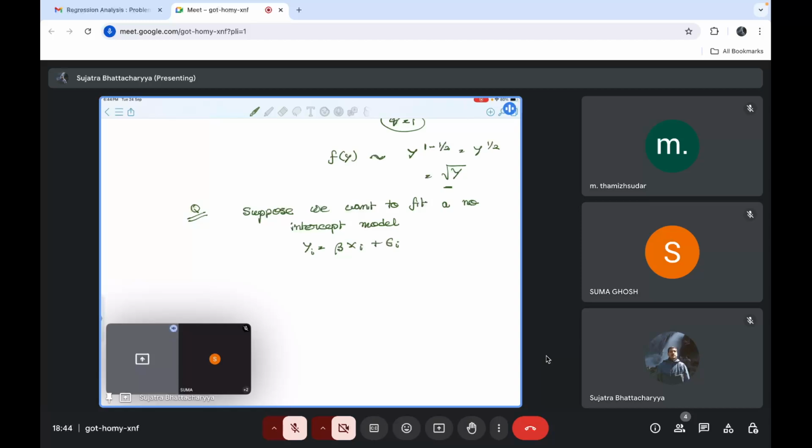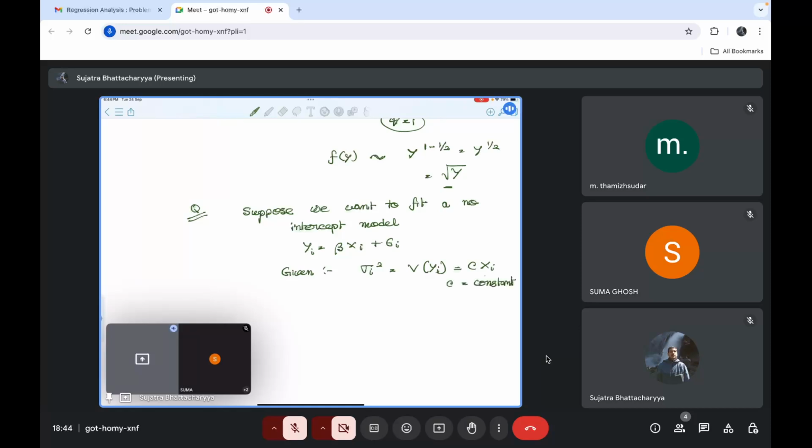Now we want to fit using weighted least square. Suppose it is given that sigma i square, which is nothing but variance of yi, is equal to a function c into xi, where c is some constant.